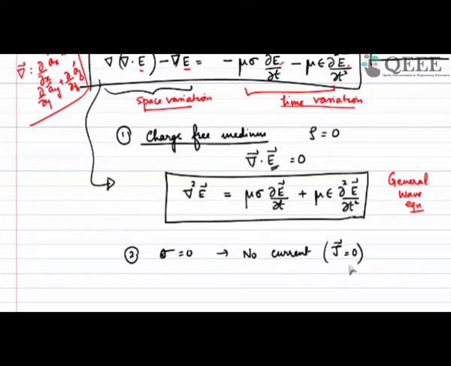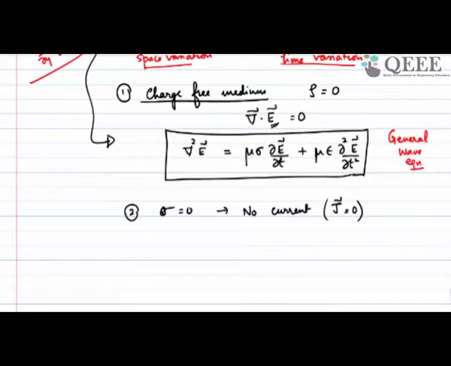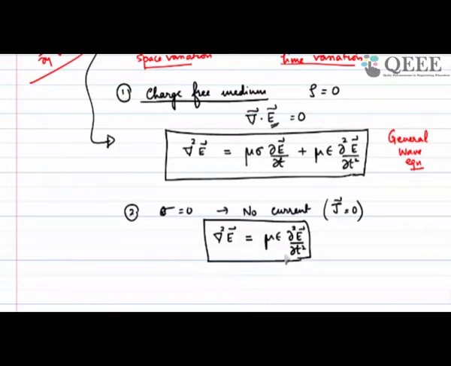This is the second condition. We will relax this condition later if we get there, but if sigma is 0, my wave equation reads this way: del square E equals mu epsilon del square E by del t square. So, this is the wave equation for a pure dielectric medium.